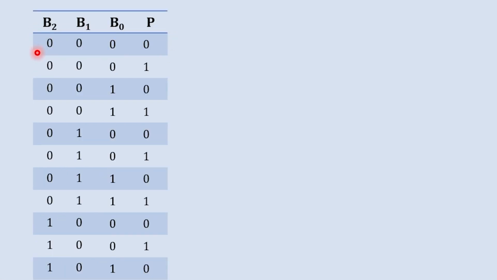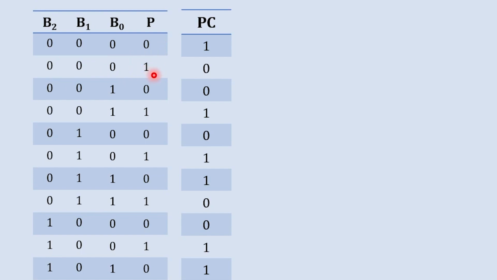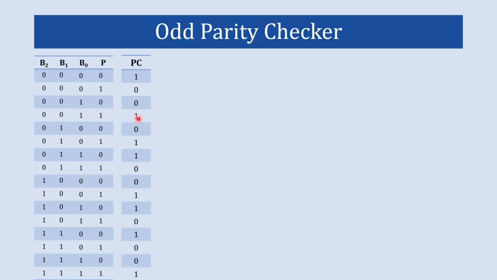If we consider this data set, the number of ones is even, which is a false condition. So the parity checker output should be 1 in order to show an error. So this is how the parity checker bit should be for this data set. Whenever the number of ones is odd, the parity checker output will be 0, and whenever the number of ones is even, the parity checker output should be 1 in order to show an error in the data.